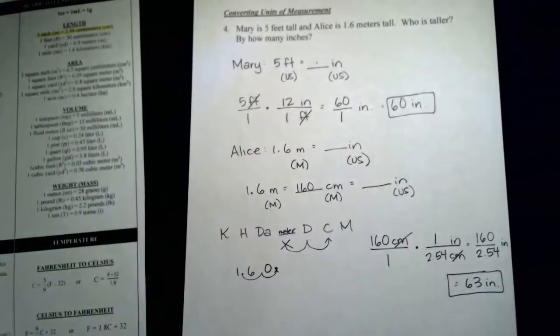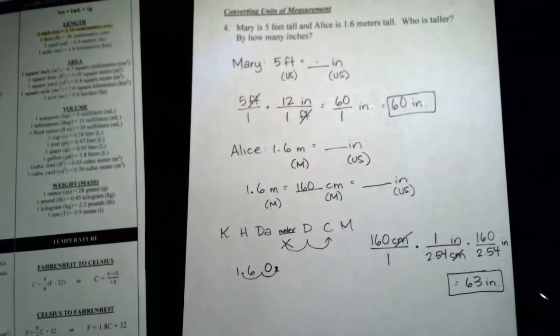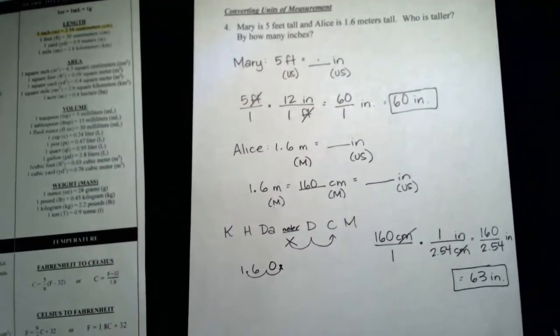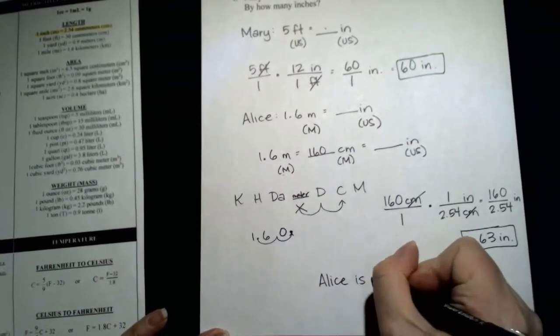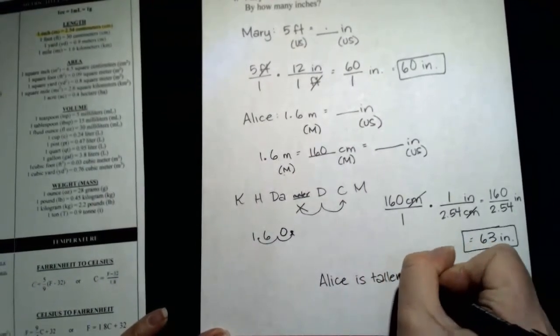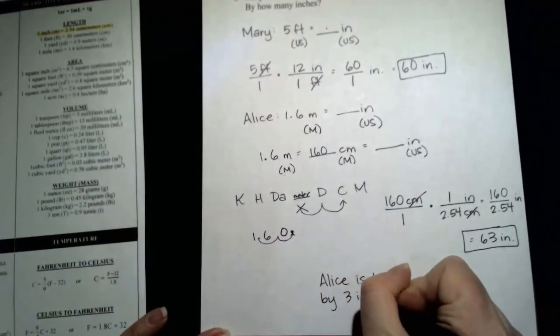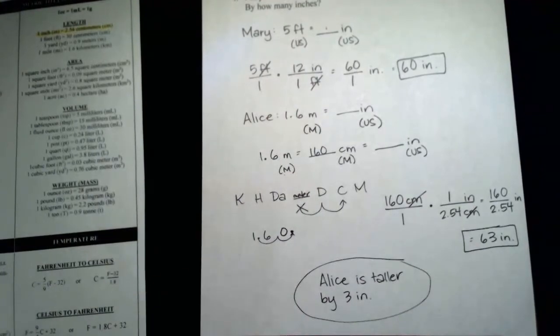And there's Alice. So Mary was 60 inches, Alice is 63 inches, which means that Alice is taller by 3 inches. Okay, that one's done.